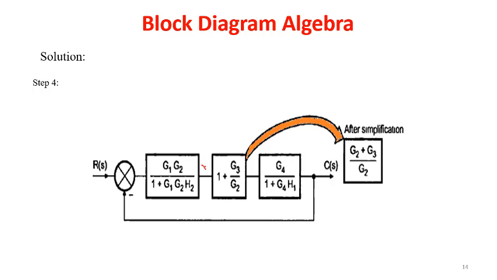Here we can multiply between these blocks. So when we multiply these blocks, what we get is we can cancel these elements, okay, and by default this one will be a feedback block as unity.